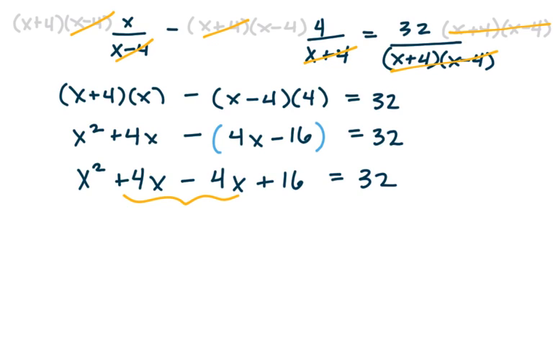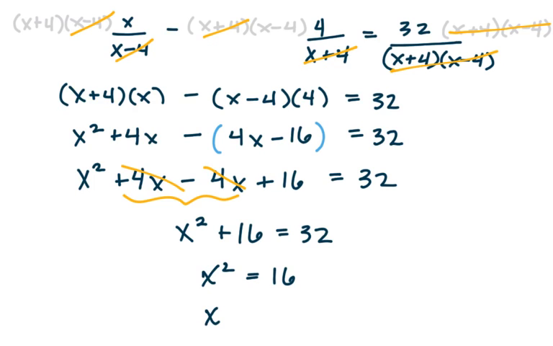Both of those 4x terms add to 0, so they disappear. X squared plus 16 equals 32. I subtract 16 from both sides, and x squared equals 16. And I end up with x equals plus or minus the square root of 16.